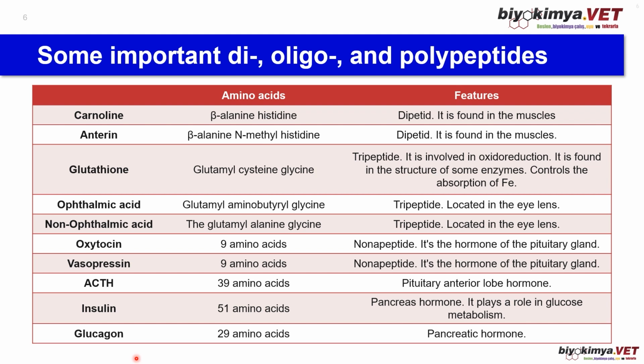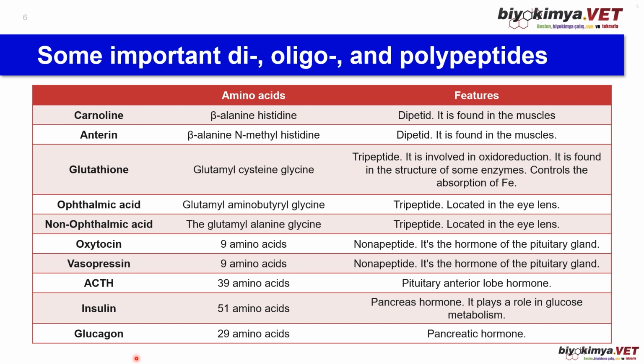Oxytocin, for example, is a nonapeptide, and vasopressin is another nonapeptide. They are hormones of the pituitary gland, released by the posterior pituitary gland, and stimulate some functions, such as oxytocin stimulates uterine contraction.